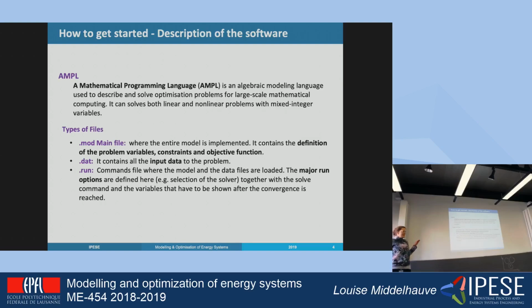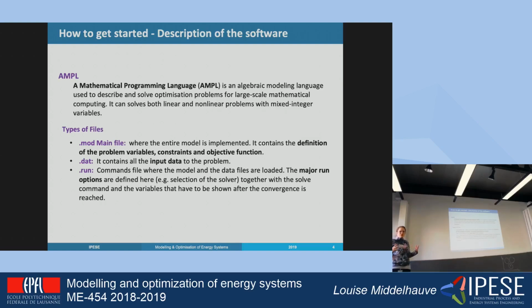What is typical for AMPL is that the model is spread into 3 types of files. The main file is some file.mod, which is containing all your constraints, the objective function, model constraints, everything.